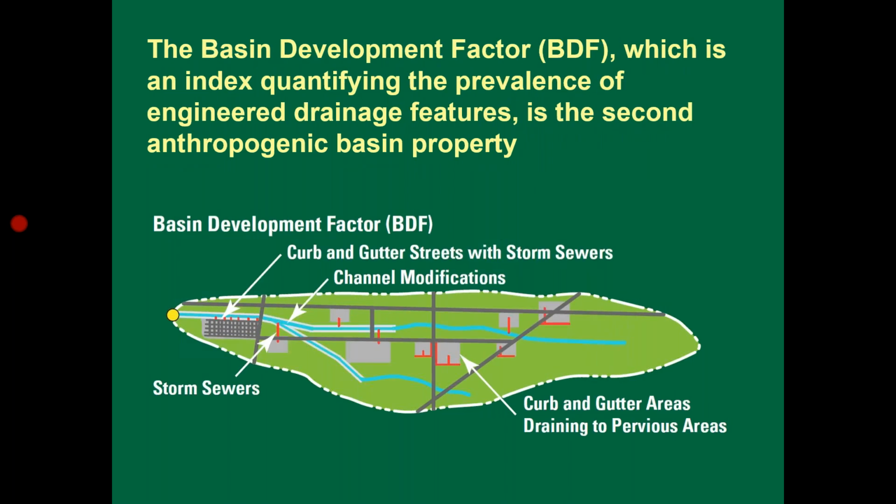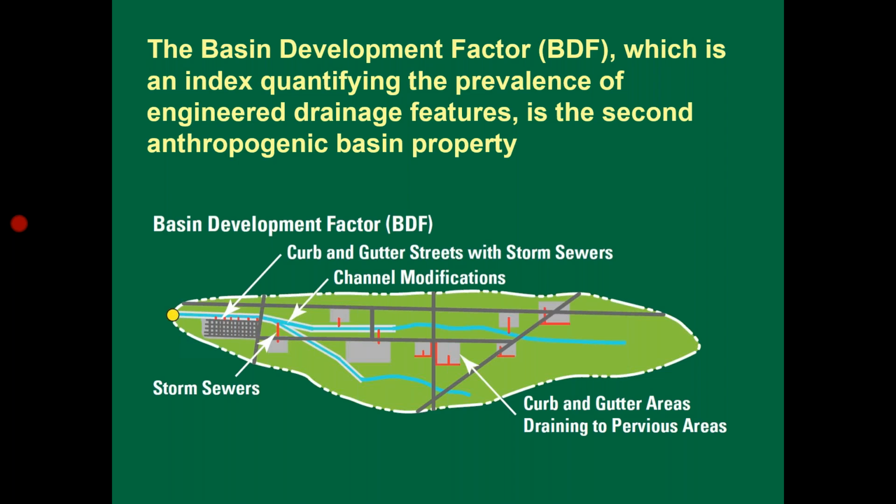The next anthropogenic basin factor is the Basin Development Factor, an index quantifying the prevalence of engineered drainage features. So it's curb and gutter streets, channel modifications like straightening, lining the channel with concrete, etc. How much storm sewers are in each third of the basin.